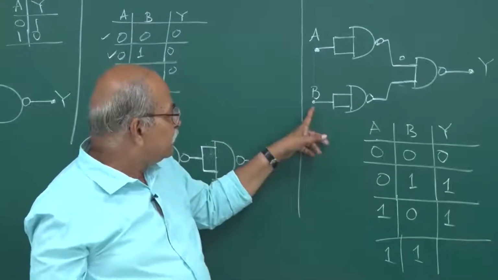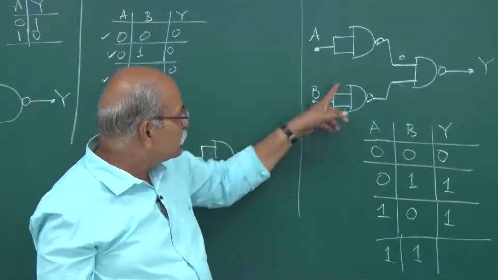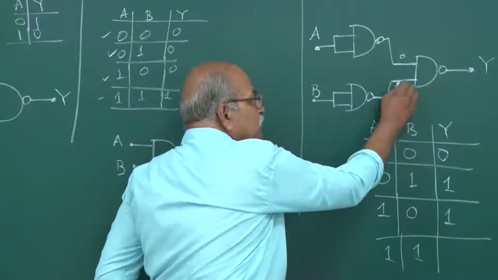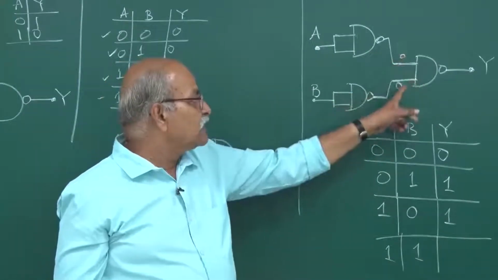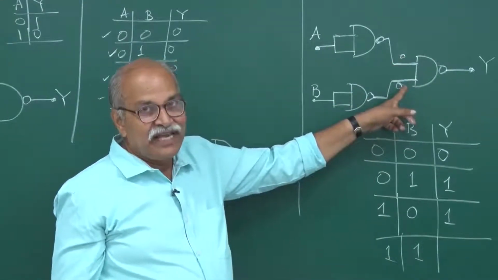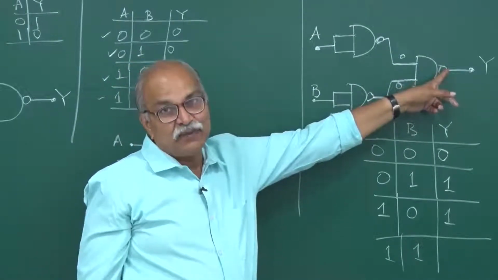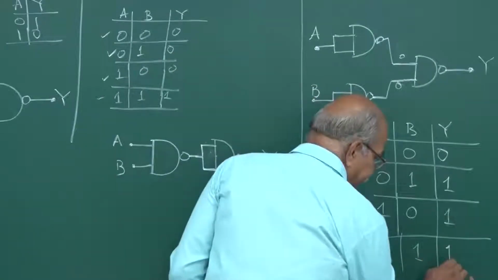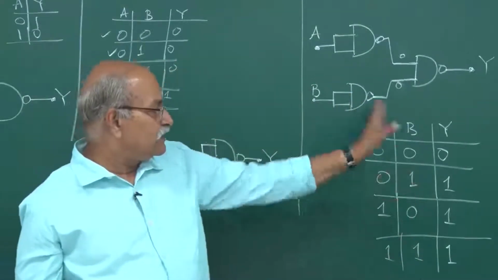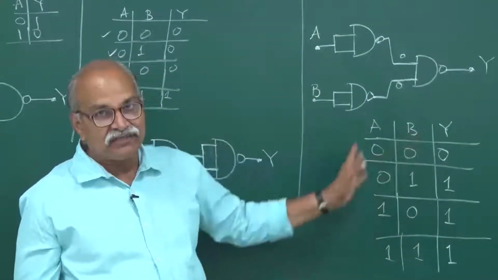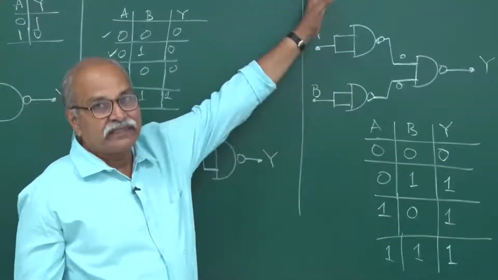And then here it is 1, so this was 0, this will also be 0, and 0 and 0 AND will be 0 here, and NOT of that will be 1 here, so it is 1. And you can see that this is OR, so this gives me OR circuit.